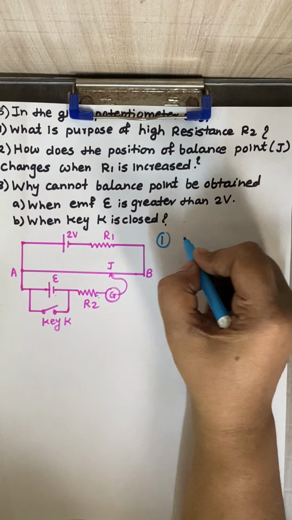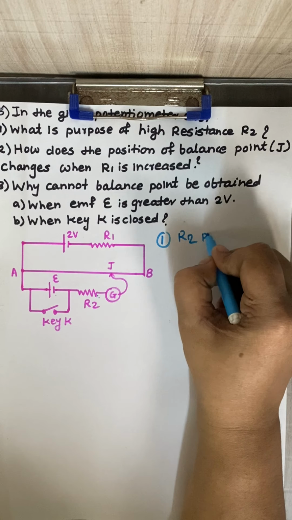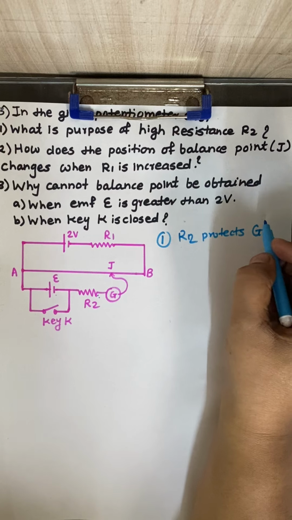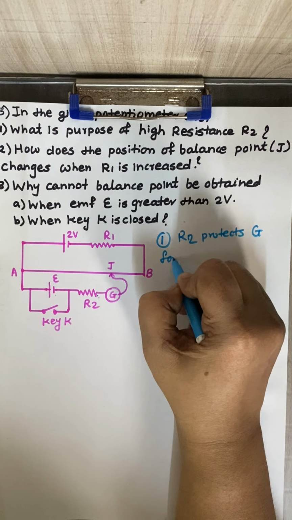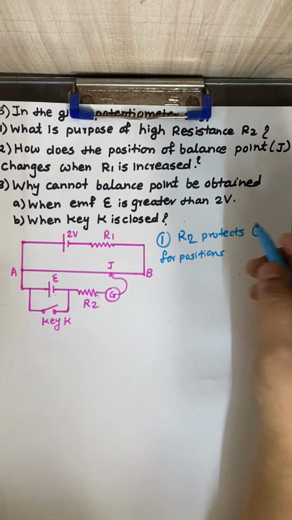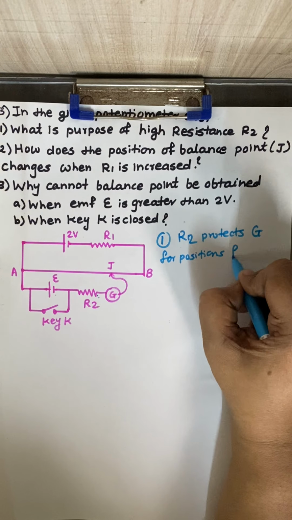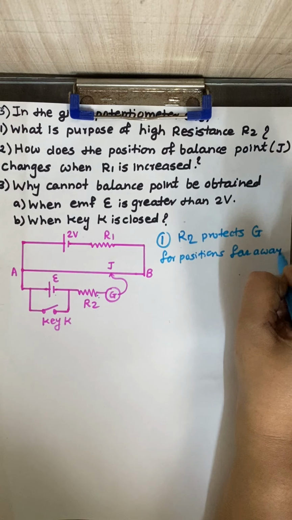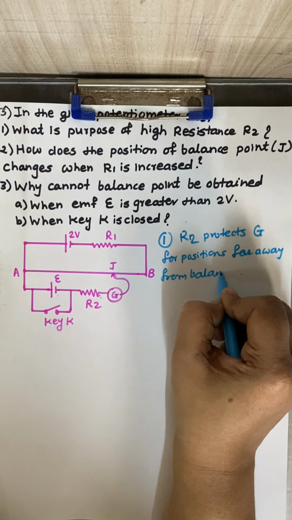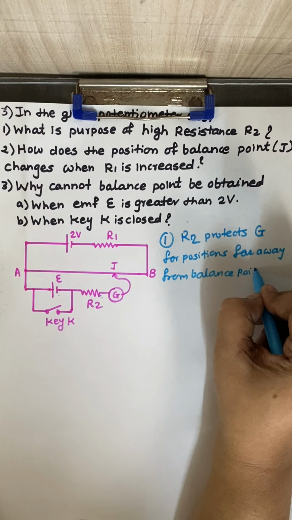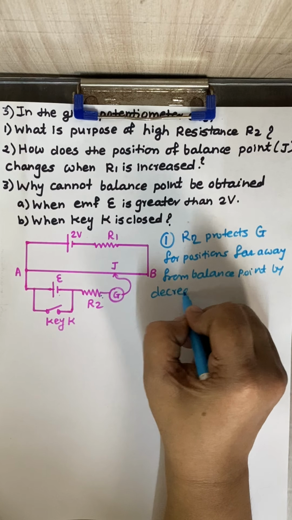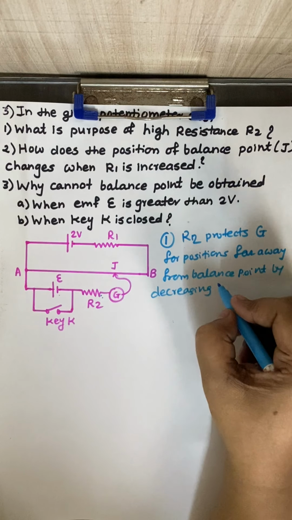So I will write down: R2 protects galvanometer G for positions far away from the balance point, by decreasing the current through it.